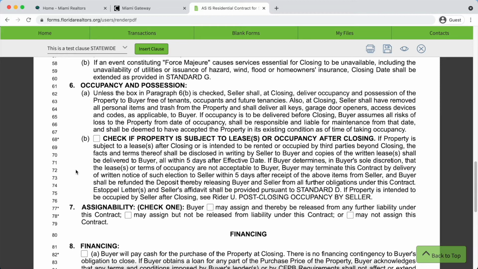That needs to be checked off, and the buyer has to be provided with a copy of that lease and needs to have time to review it. And obviously, if in the buyer's sole discretion the terms of that lease are not acceptable, the buyer can terminate the contract by delivering written notice of that within 5 days of receipt of that lease.